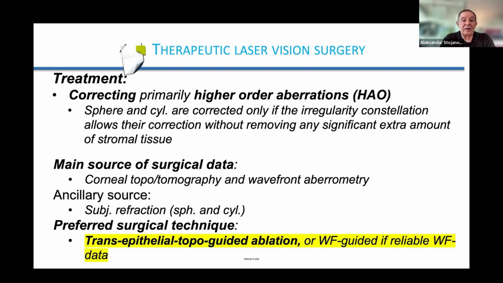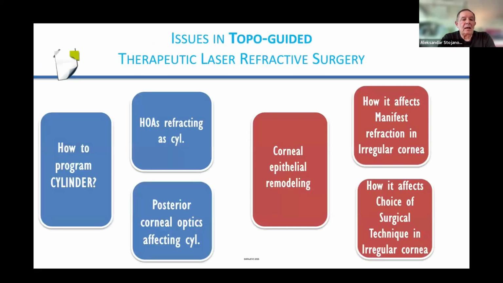Our preferred surgical technique in this situation is transepithelial topo-guided ablation, or wavefront-guided if reliable wavefront data is available. And there are several issues that we are dealing with in therapeutic laser refractive surgery, which we do not need to address that much in elective cases.